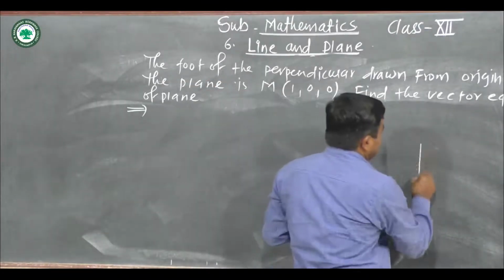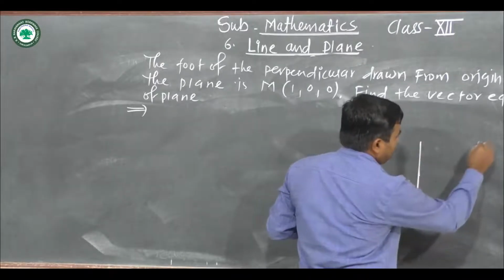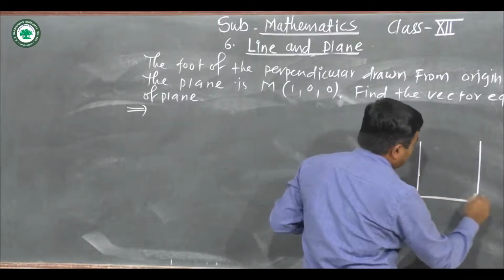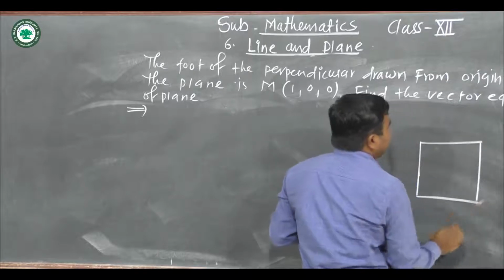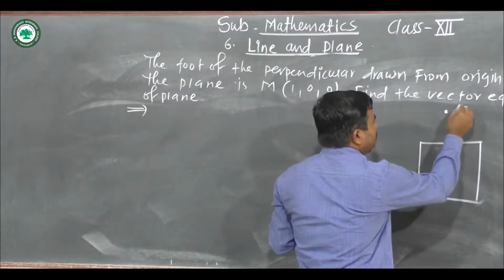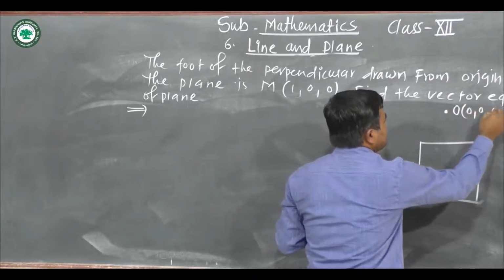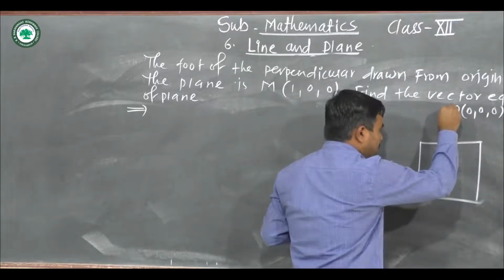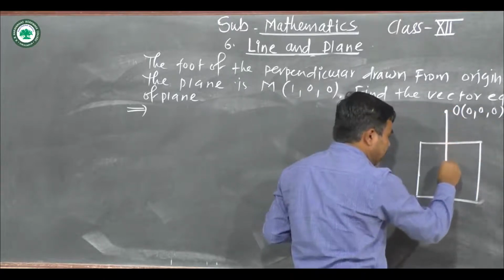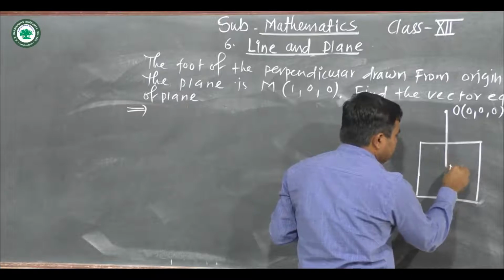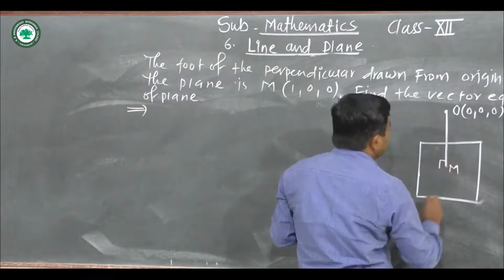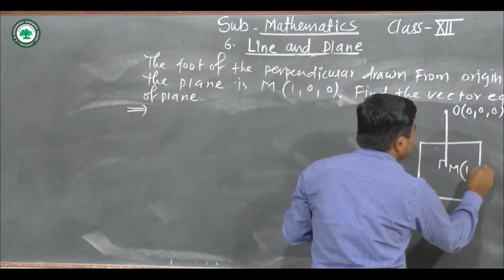Suppose if this is the plane, if this is your required plane, and if this is origin O, whose coordinates are 0, 0, 0, then perpendicular drawn from this point to the plane is M. This is the perpendicular, and that M has coordinates 1, 0, 0.